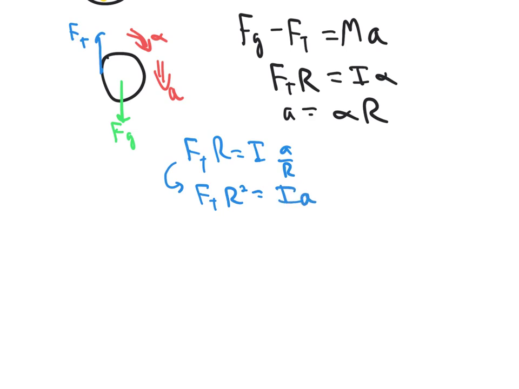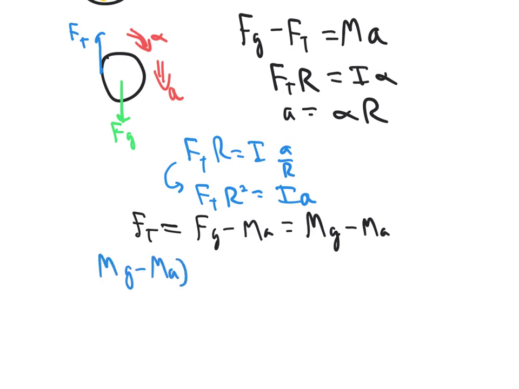From this first equation, we find that Ft equals Fg minus ma, or of course just m times g minus m times a, which we can now put into here, and we find that mg minus ma times R squared equals I times a.